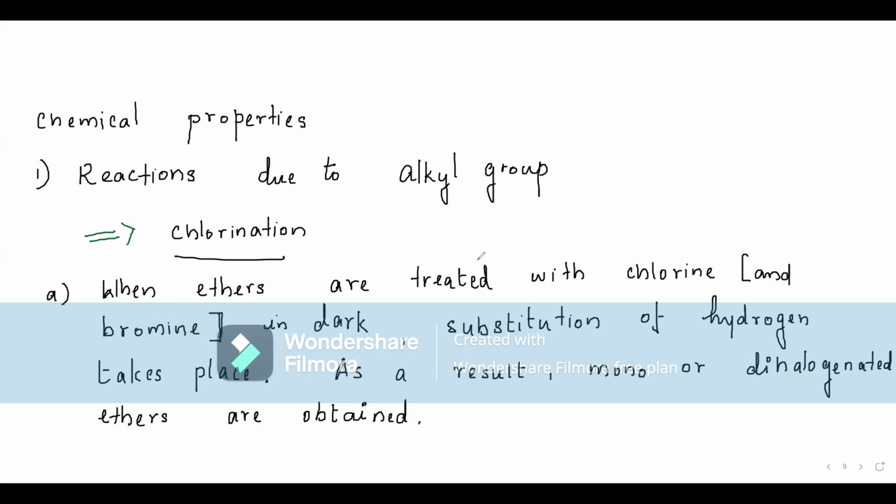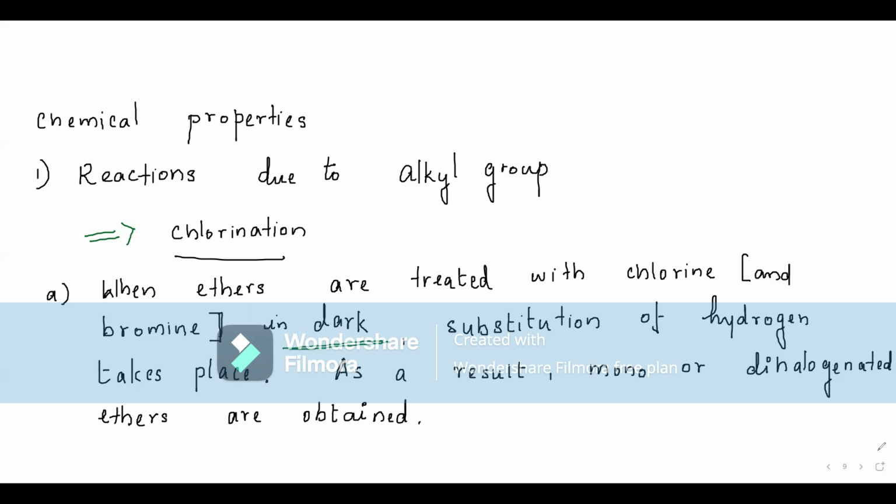Now, when ethers are treated with chlorine or bromine, as the case may be, in dark, a key point that we need to notice, the reaction is carried out in the absence of light, then substitution of a hydrogen takes place, because of which you may get either a mono-substituted ether or a di-substituted ether.